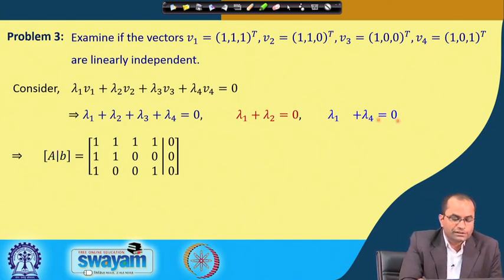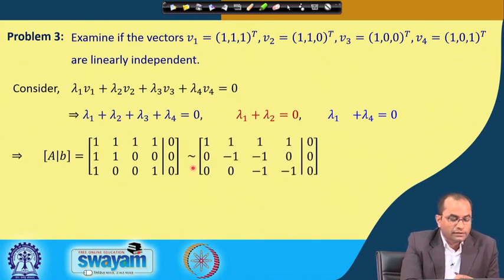So for this system of equations we have written here the augmented matrix. The coefficient matrix is 1 1 1 and 1. From the second equation we get 1 1 and 0 0. From the third, 1 and the last component 1, and in the middle we have 0. The right hand side is the 0 vector, which we have kept here.